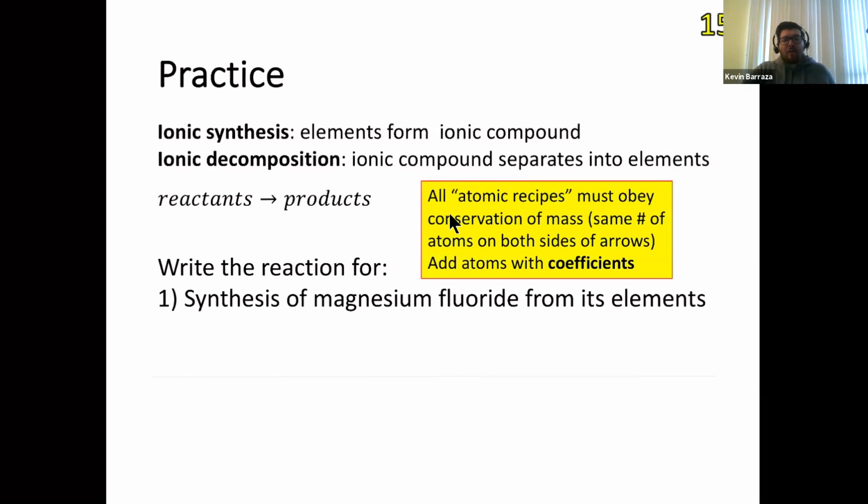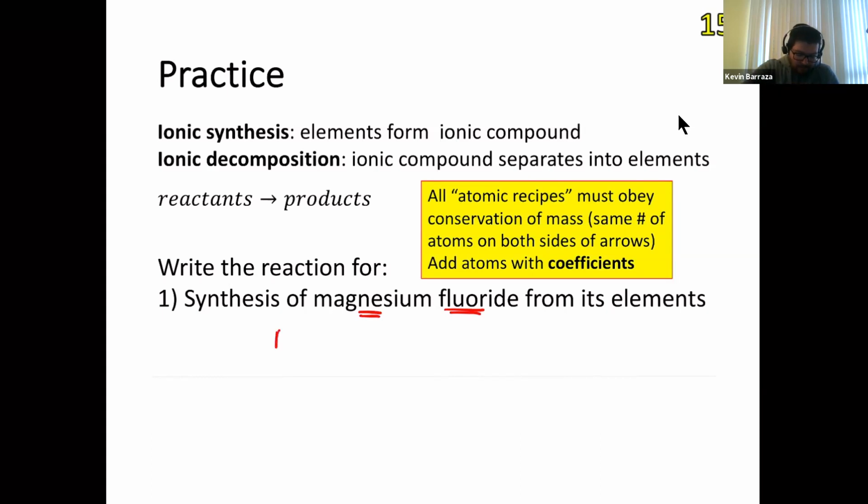The only thing is that all atomic recipes also have to obey conservation of mass, so there needs to be the same number of each atom on both sides. In some cases, we're going to have to write coefficients, but we'll see how that works in a little bit. So let's try it. Let's write the synthesis of magnesium fluoride from its elements. Magnesium fluoride is magnesium and fluorine.